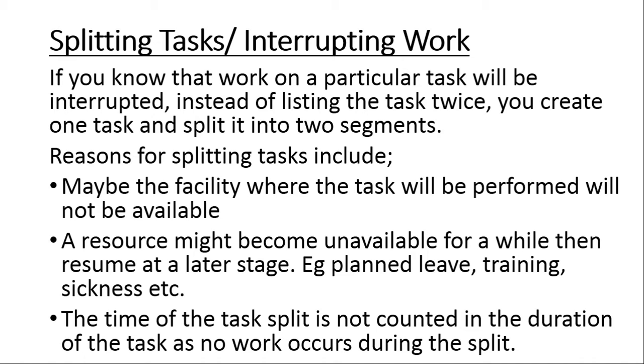So what we need to do is to split the task so that we have a gap between two segments of the work. So we do the first part when the machine is available, then when it's not available, nothing is happening, then we continue with the same task when the facility is back online.